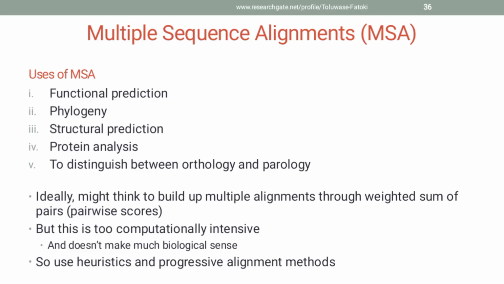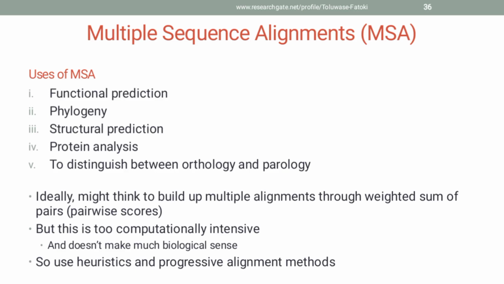Now, let's talk about multiple sequence alignment, MSA. Multiple sequence alignments are used to predict functionalities of different sequences. You have more than two sequences, from three to thousands of sequences.